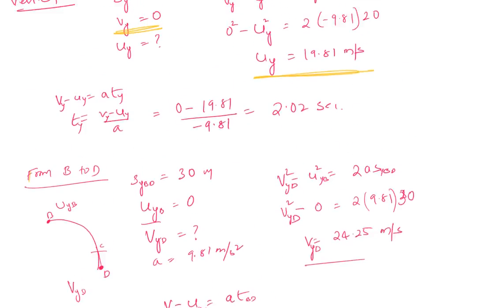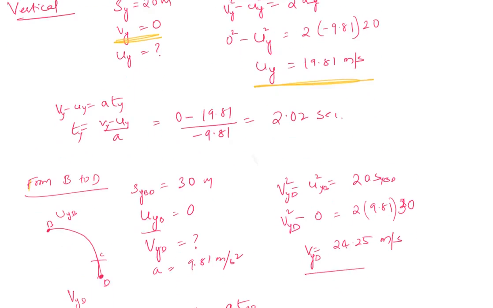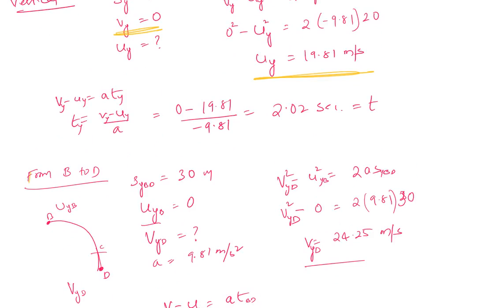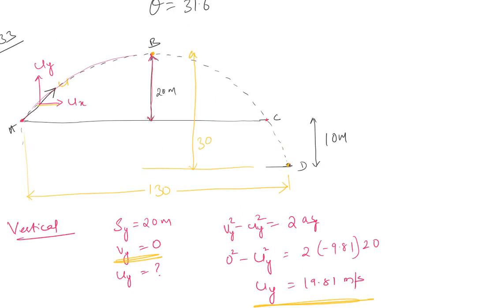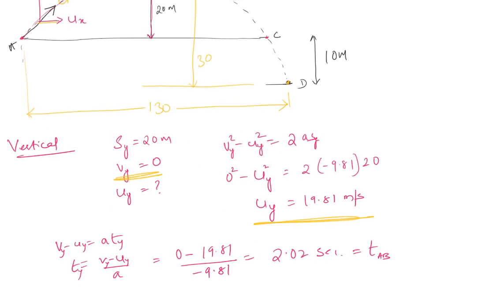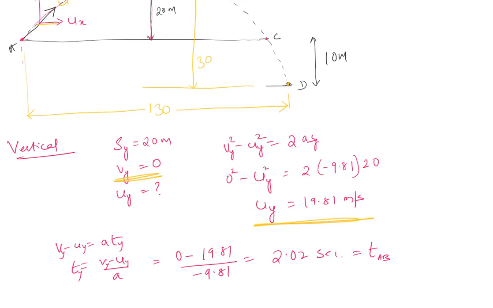This t is from A to B. So from A to B it took 2.02, B to D it took 2.47.